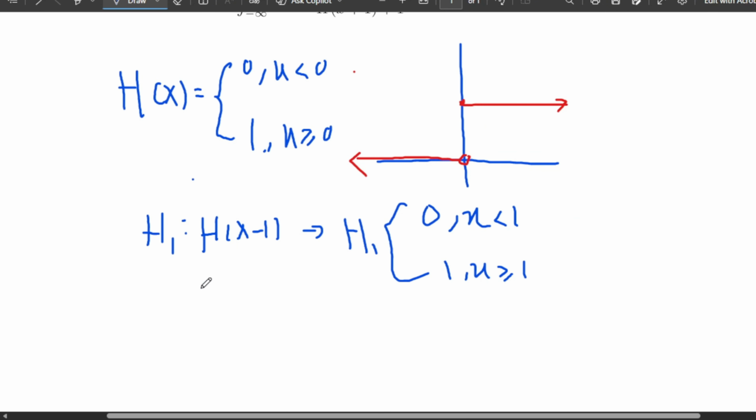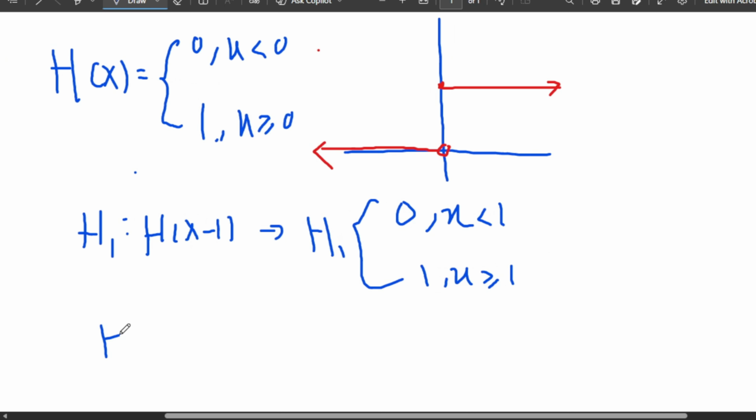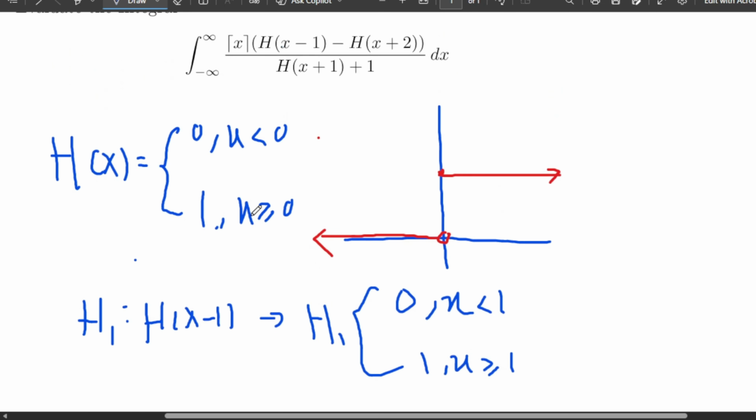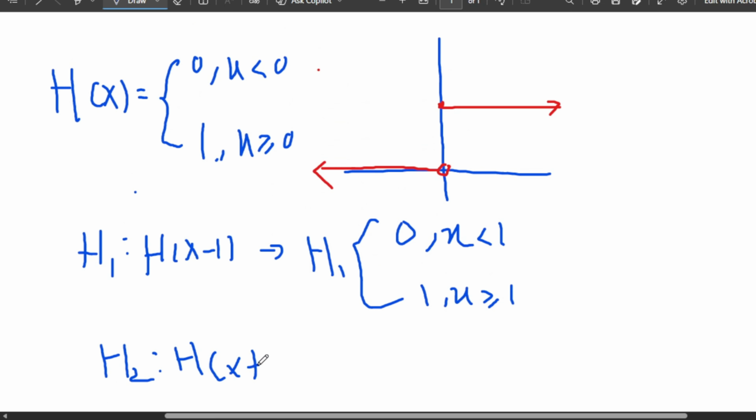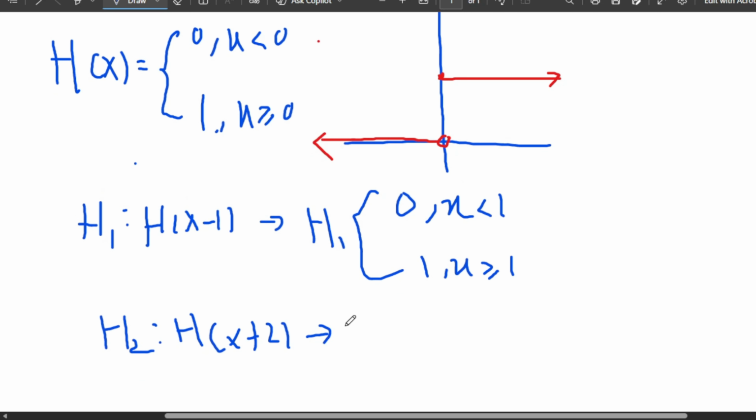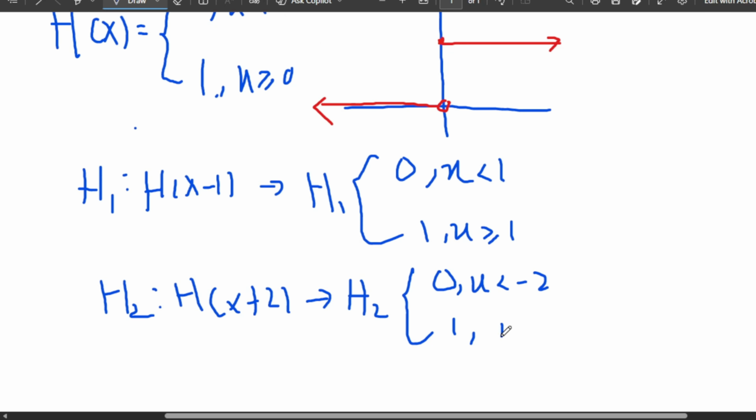Same for h2, which will be h of x plus 2. It's 0 if x is less than negative 2, and it's 1 when x is greater than or equal to negative 2.